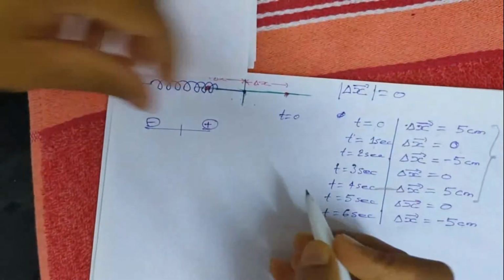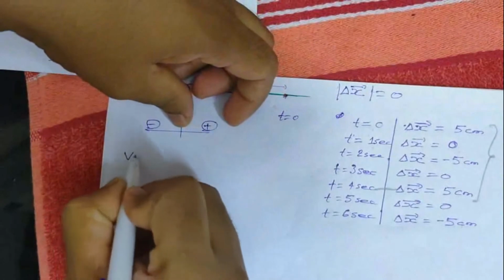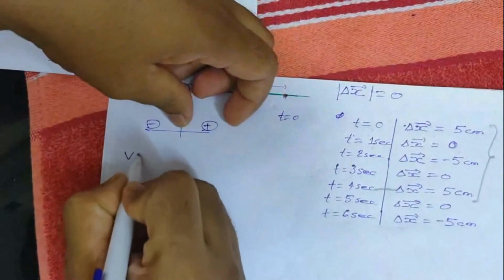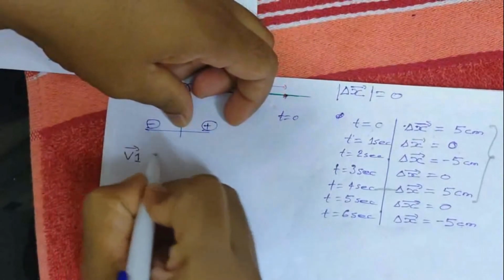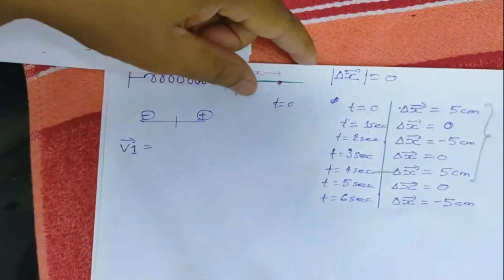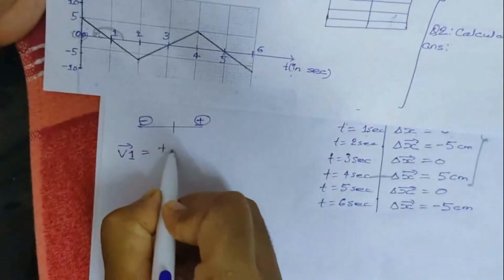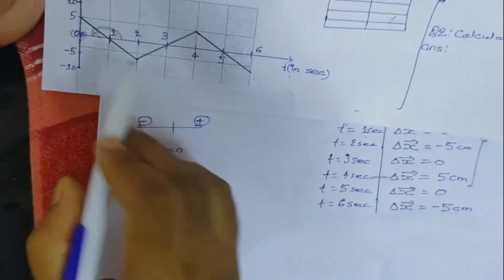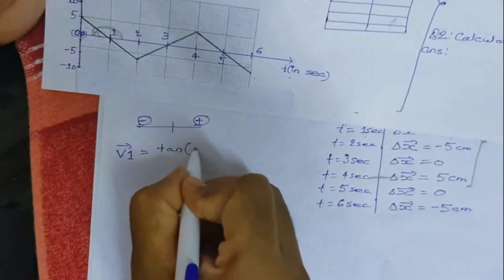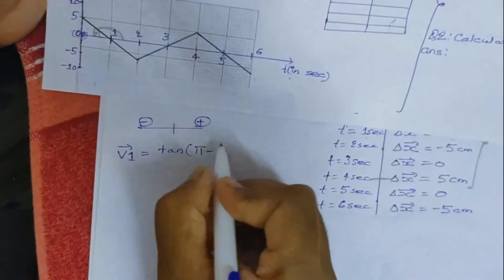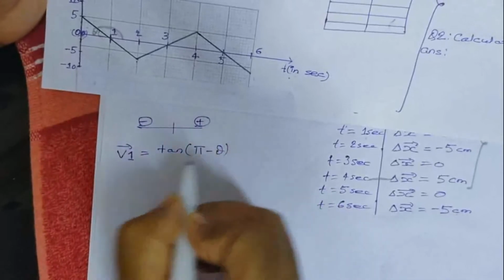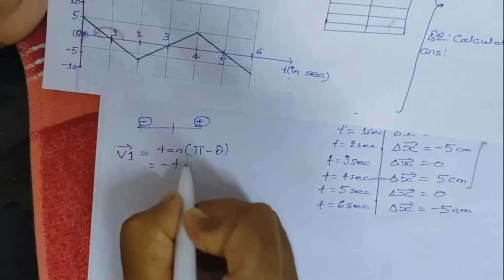So let us calculate speed at 1 second. v1 means we are calculating the velocity at time equal to 1 second. The velocity will be the slope of the curve, that is tan of pi minus theta. So it is going to come to be minus tan theta.